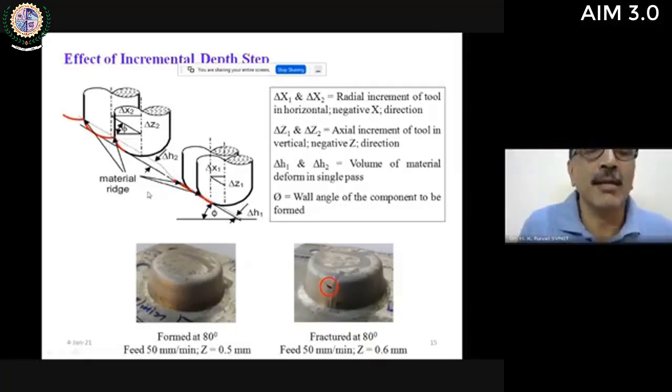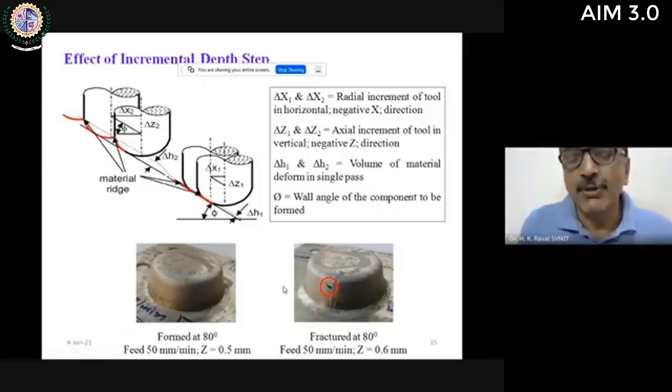These two pictures are the pictorial view of the actual experimentations conducted. We can notice that if you want to form the cup of the same angle of 80 degrees, at the same feed of 50 mm per minute, but with a different Z, 0.5 and 0.6, you can notice that 0.5 is reasonably found to be safe compared to 0.6, where you find some failure.